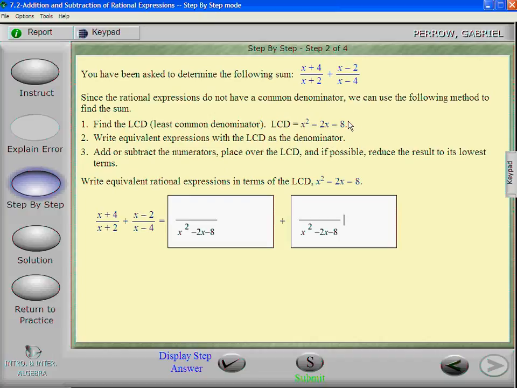I looked at the two denominators, x plus 2 and x minus 4, and I'm going to need one of each of those because there's nothing common between these. So I multiplied them out. I did the FOIL process, or the multiplication process, and got x squared minus 2x minus 8. So that's going to go on the bottom of both of these.